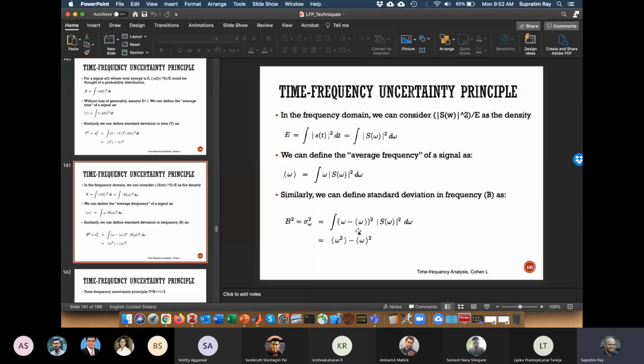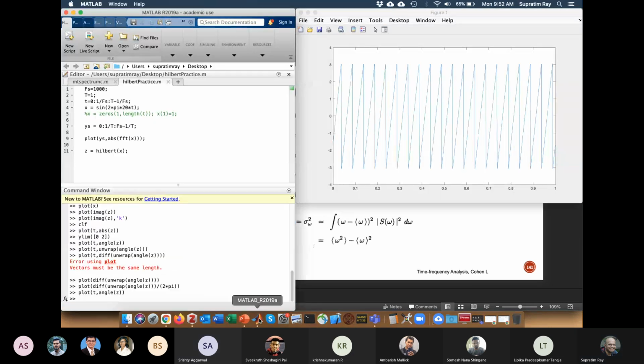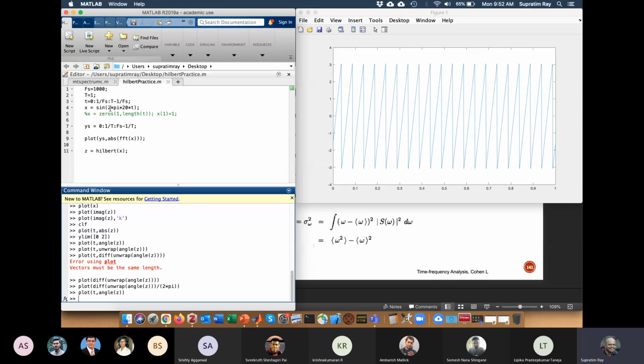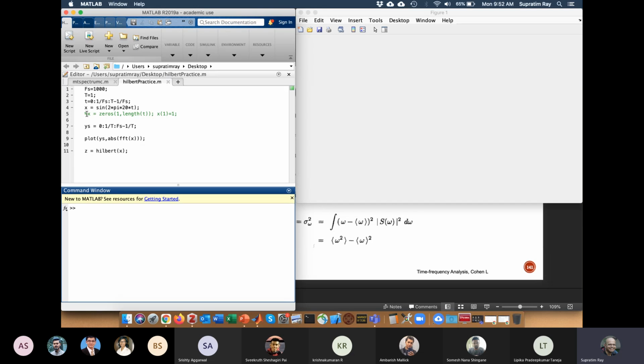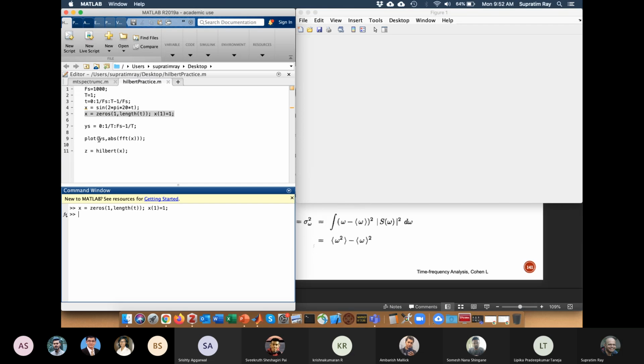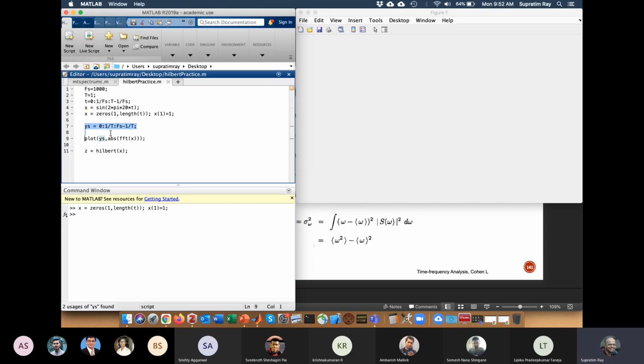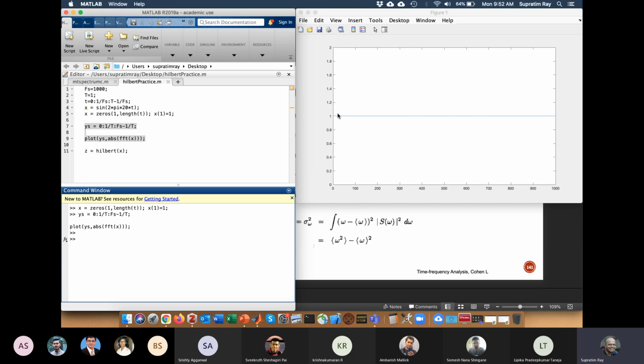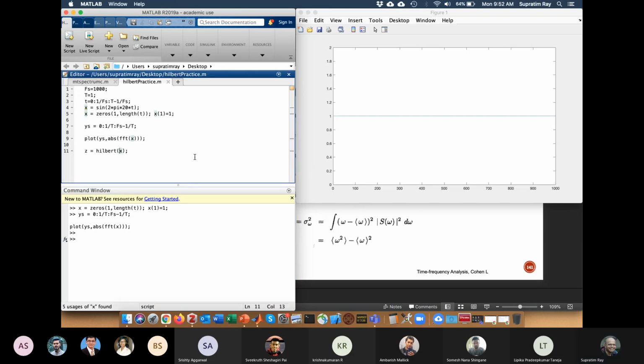Okay. So yeah, I'll encourage you to just do this for other functions also, to try to understand what is going on here. So for example, let's say I take this signal, and this signal is 1 everywhere in the frequency domain.